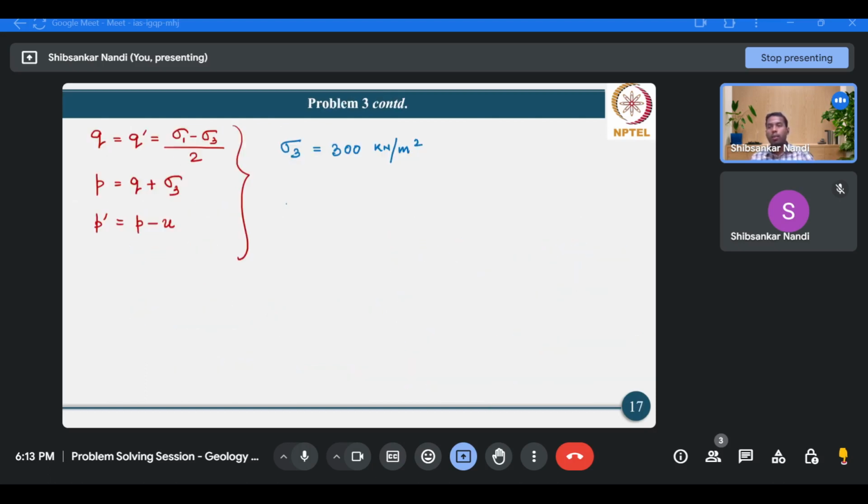Now this data, Q prime and P prime, is required for plotting the stress path in terms of total and effective stresses.